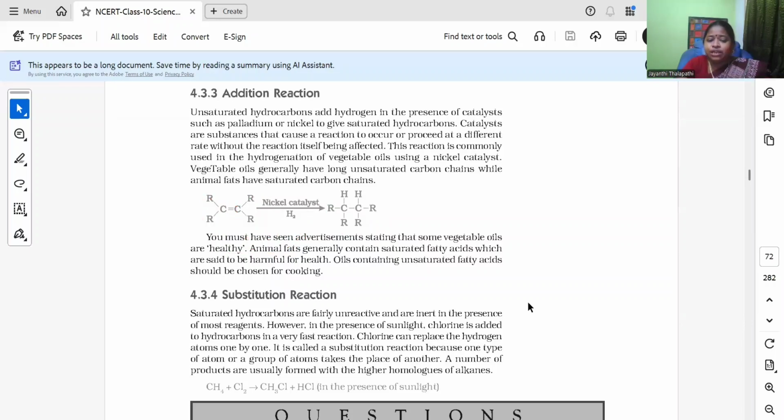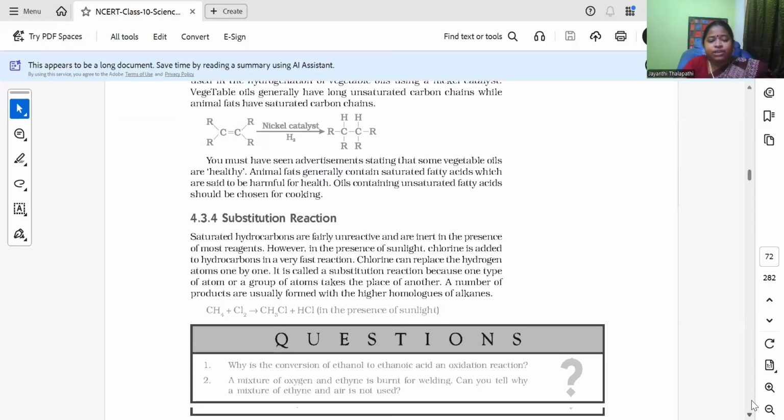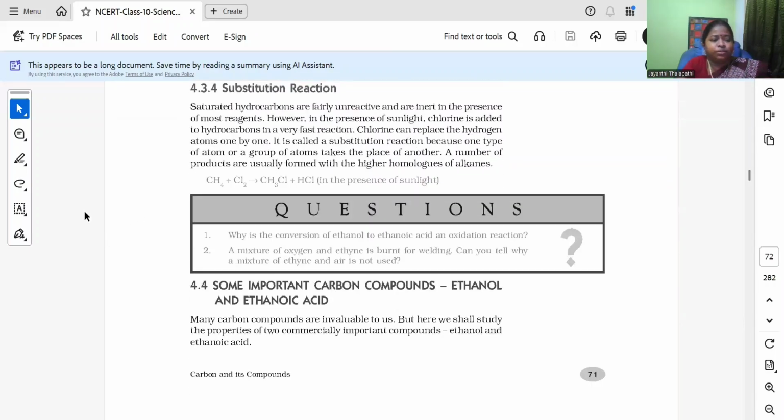Next, the substitution reaction. In the substitution reaction, methane reacts with chlorine. This will happen only in the presence of sunlight or UV light. The chlorine displaces the hydrogen from methane, so that you get methyl chloride, IUPAC name chloromethane, and HCl.